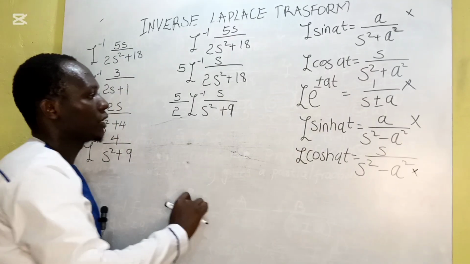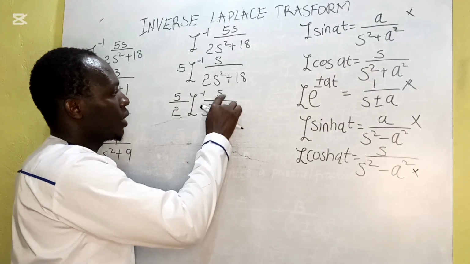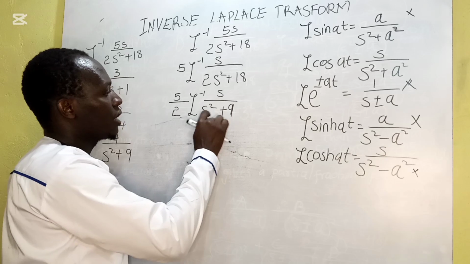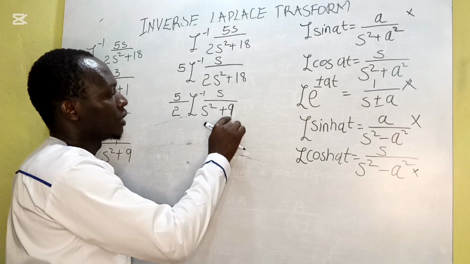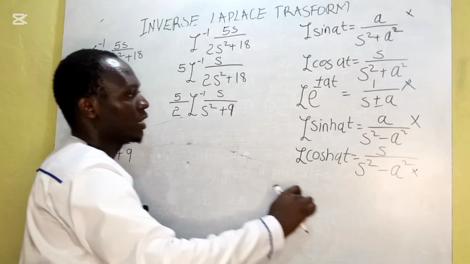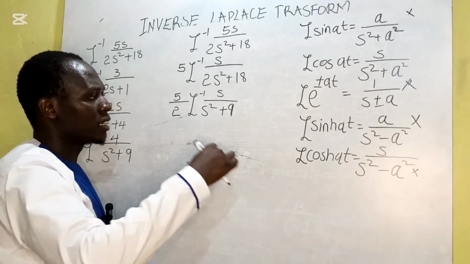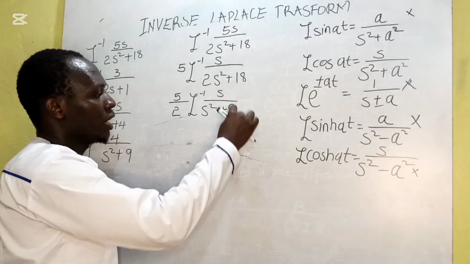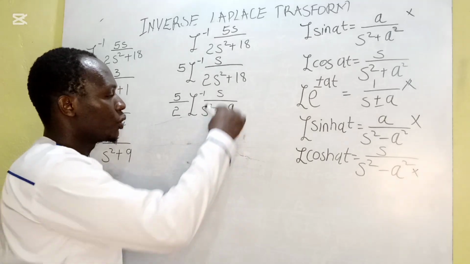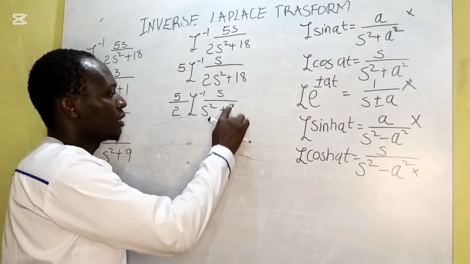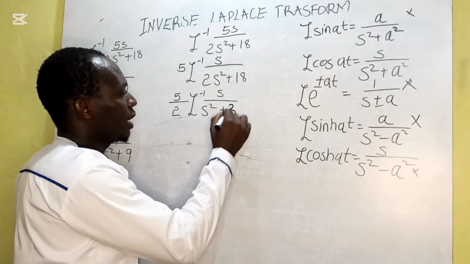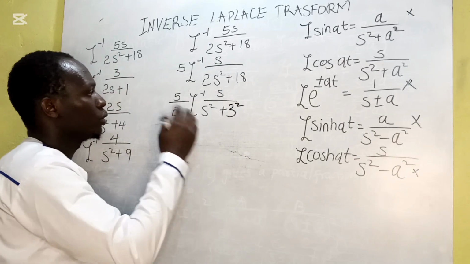Let us now get back into our working. We understand it is s all over s squared plus, here we must have a squared. And how can we make 9 to be something squared? We understand that 3 squared is equal to 9.